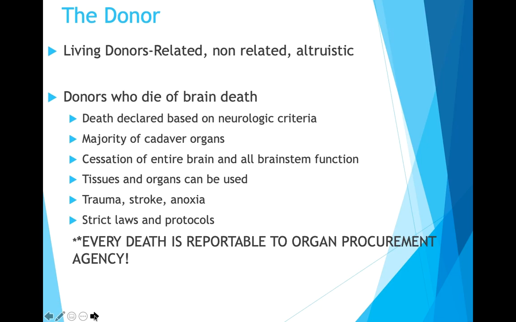So let's talk about the donor. How do we get organ or tissue donors? You can have living donors that are related to you or non-related. You may have heard of kidney donation chains, where I might need a kidney transplant, but nobody that is related to me and compatible with me is available.